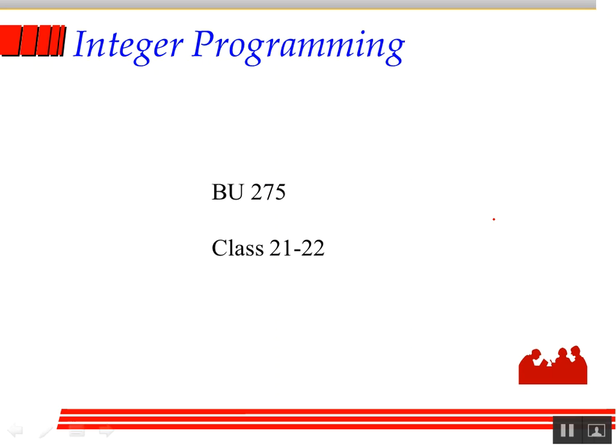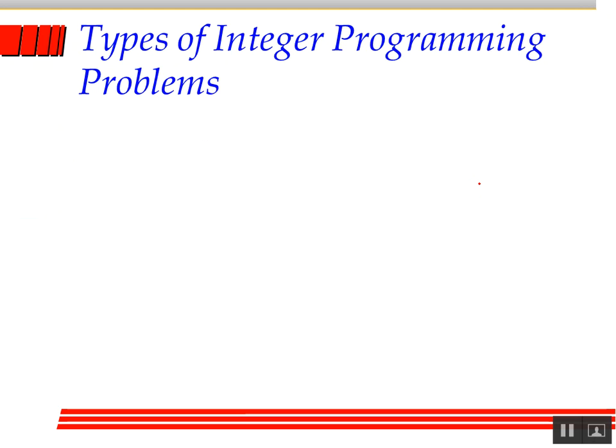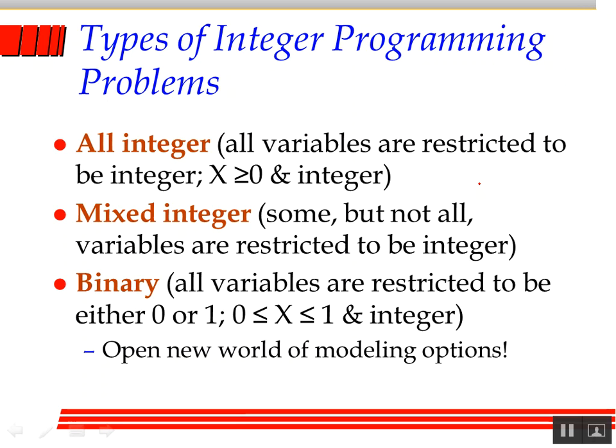Okay, so today's topic is called integer programming. It's one kind of linear programming. If you think about it, linear programming means everything has to be linear: the objective function, the constraints and everything.